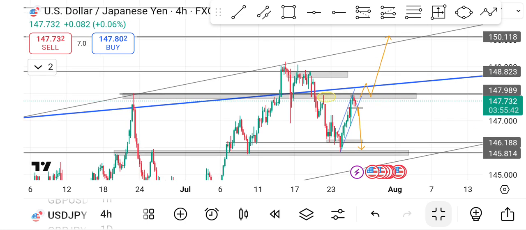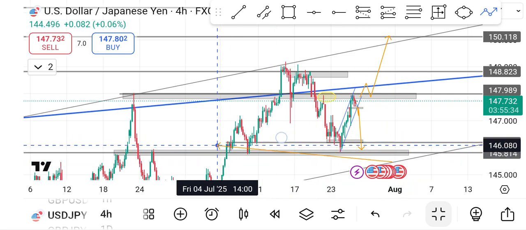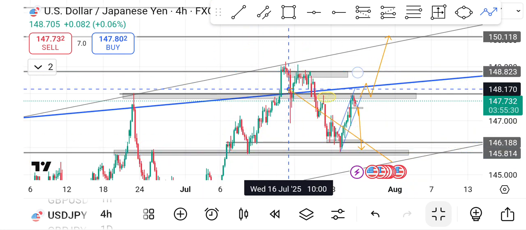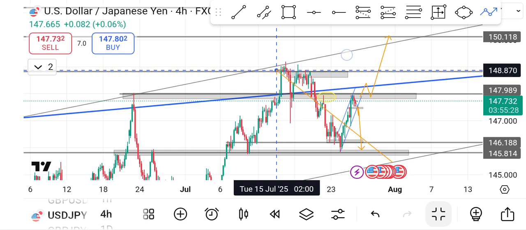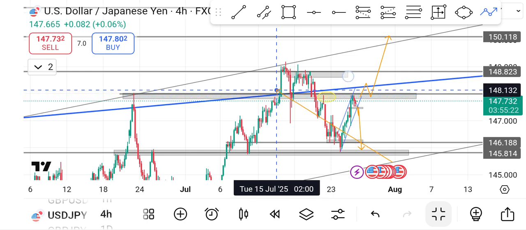So let's just start from 4 hour from here. So when the market broke above this area, it retested it, then it went above. It hit this resistance trend line, broke out of this support trend line on the higher time frame. This support trend line is on the higher time frame. If you go back on the video, you see it, right?